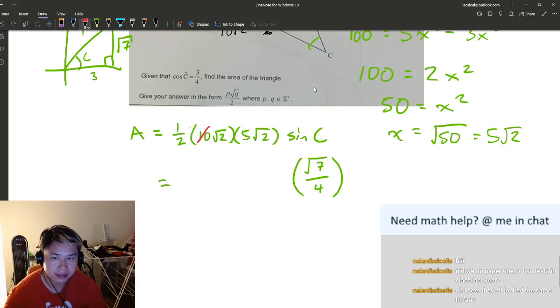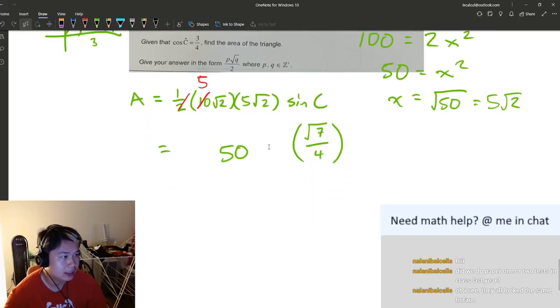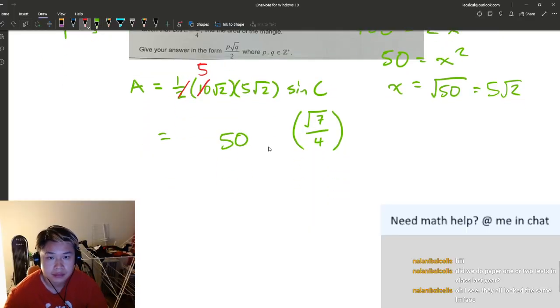And then we have 10 divided by 2 is 5, and then 5 times the other 5 is 25, and then root 2 times root 2 is 2, so 5 times 5 is 25 times 2 is 50, so all of that becomes 50, and then 50 and 4 will reduce to 25 and 2.